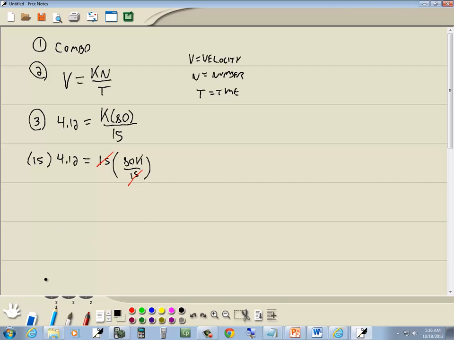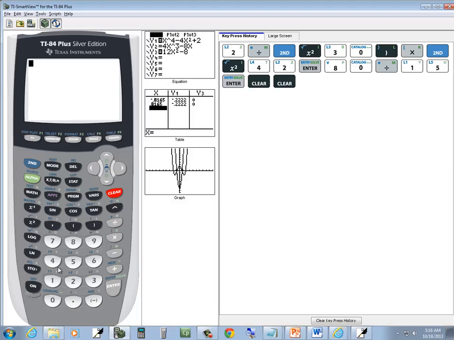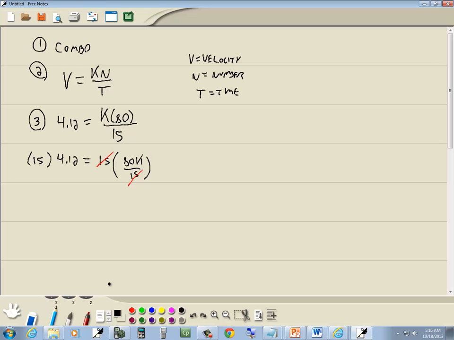And let's see if 15 times 4.12 gives us something halfway decent. Yeah, that's decent. 61.8 is equal to 80K. Try and get K by itself, so now we'll divide both sides by 80.